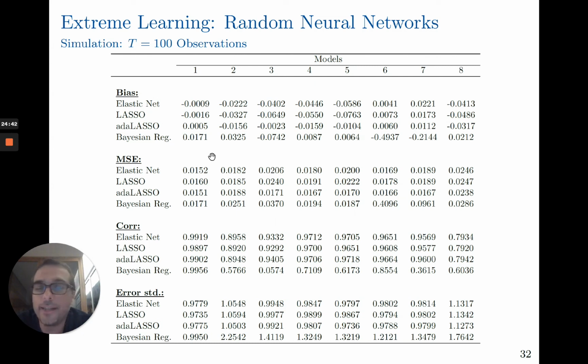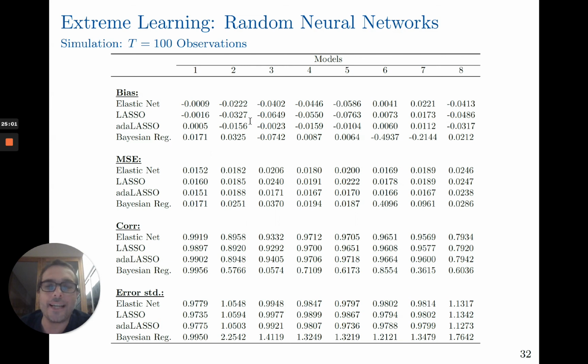We basically see that, all in all, if you summarize, Bayesian regularization usually does worse in terms of bias than the others, and mean squared errors in some cases are much worse.